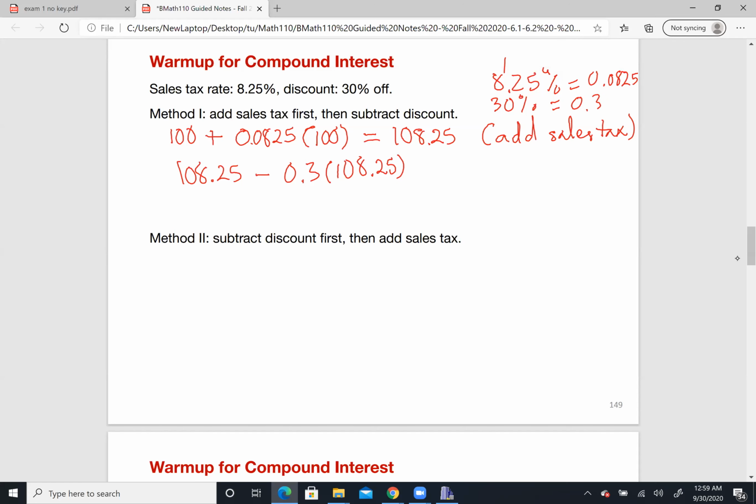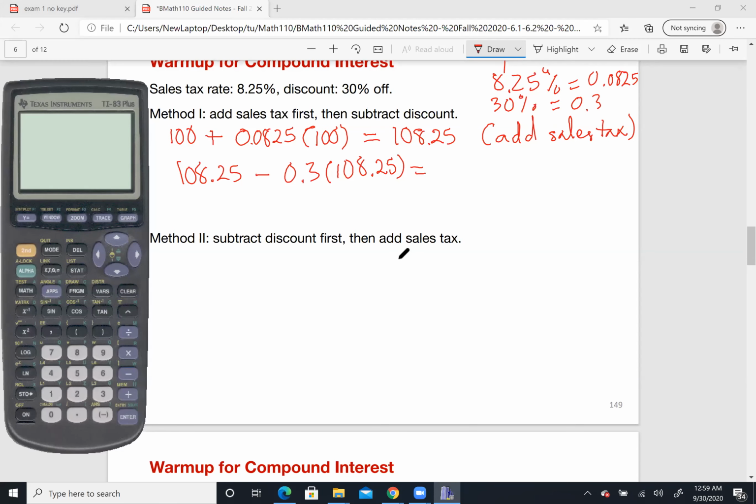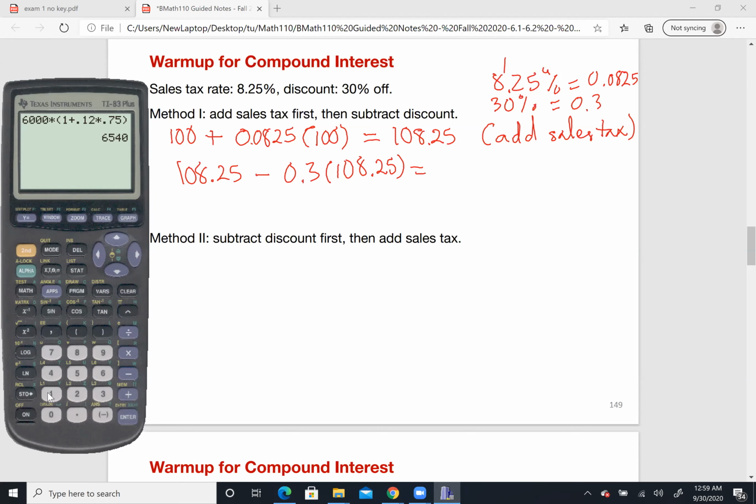Okay, so now what is this going to be? Use a calculator and find it. So I'm going to have 108.25 minus 0.3 multiplied by 108.25, and then I'm going to have 75.775.